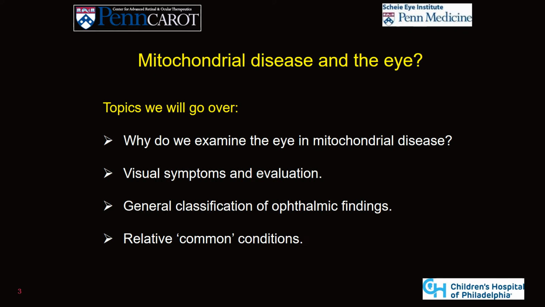So why is it important to examine the eye in mitochondrial disease? In the talk today, I'm going to go through the way we examine the eye and why we do it, and the visual symptoms that the patients may have, as well as how we do the evaluation, and give you some insight on what the tests that we do explore, and what is the significance of each one of the findings, as well as a general classification of the ophthalmic findings in these diseases, which I'm going to try to illustrate through relatively common conditions.